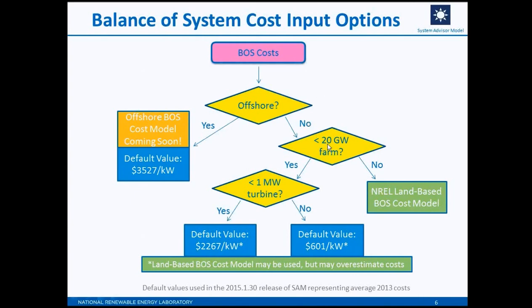If it's onshore, then it depends on whether your total farm size is less than 20 gigawatts or not. If it's not, the NREL land-based balance of system cost model will be applied, which I'll demonstrate in a minute. If it is, then there are a couple of default values that can get applied depending on the size of the turbines in the farm.